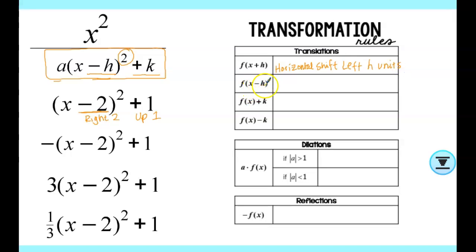Okay, if it's a minus h inside, it's a horizontal shift right h units. If there's nothing inside the parentheses, but there is something outside the parentheses, this is a vertical shift up k units. And if it's minus, then it's a vertical shift down k units.